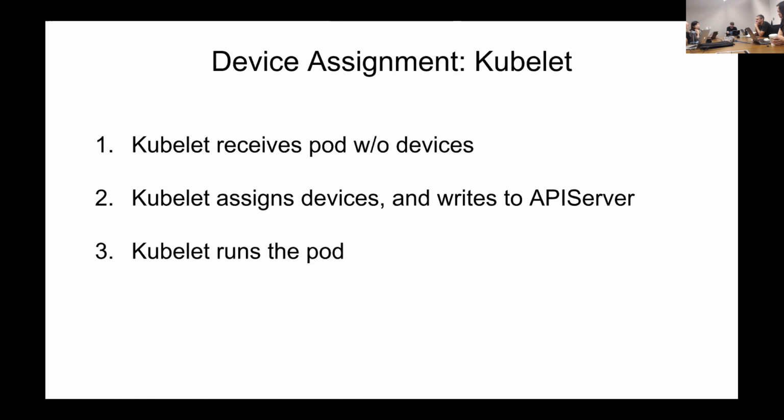The kubelet then decides which devices it's going to assign to each container and records that in the pod spec and writes that back to the API server. And only after that's written then does the kubelet actually run the pod and expose the updated pod spec on the pod's endpoint.